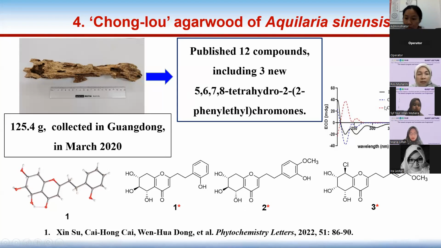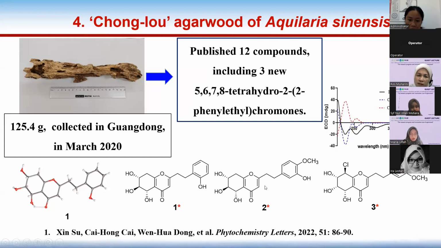And we used ECD calculation to determine the absolute configuration. And from this sample, we found something very interesting: all of the structures feature position 5 being substituted, or chloride substituted.